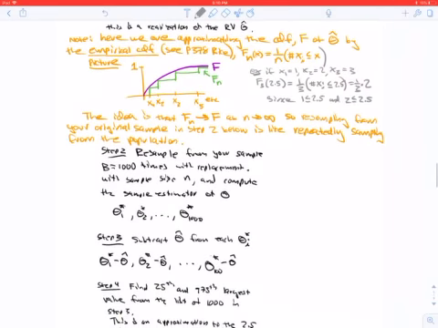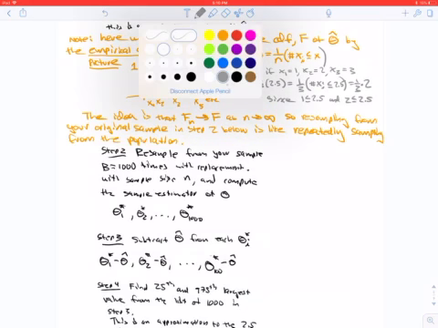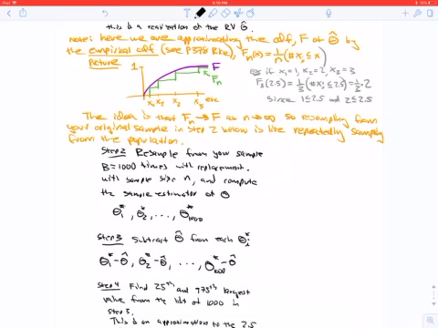sample size n, and compute the sample estimator, and we'll call that theta 1 star to theta 1000 star. And so we're going to subtract our original estimator from each of these, and that's theta 1 star minus theta hat, and so on up to theta 1000 star minus theta hat.